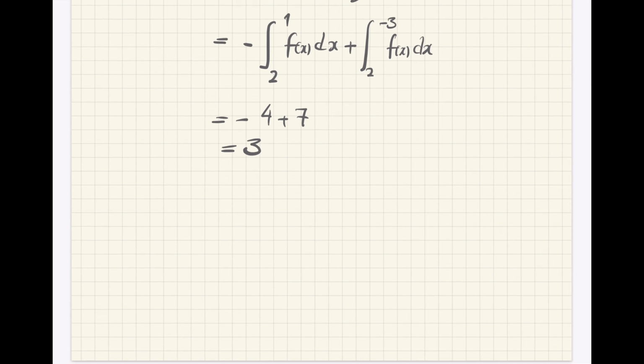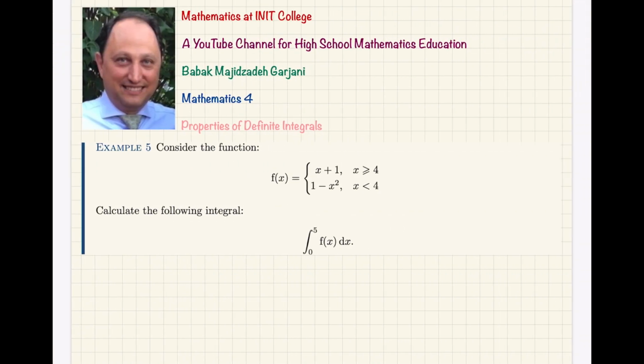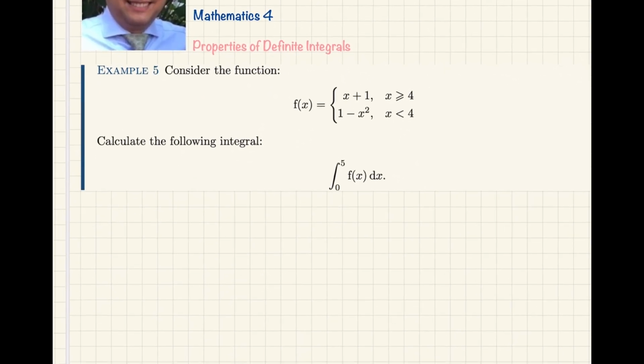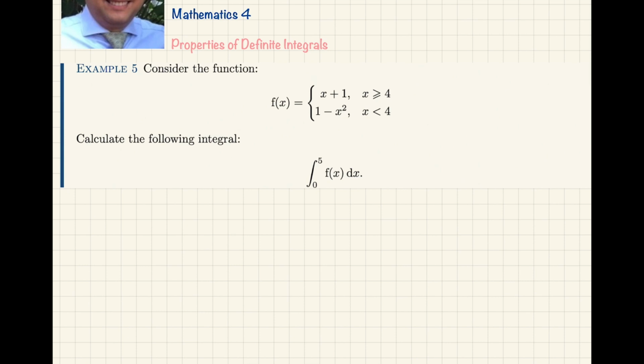But a little bit higher level question that you need to know is this type of problem. You have a function with more than one rule. This tells you that if the input is 4 or greater than 4, this rule is used for this function.